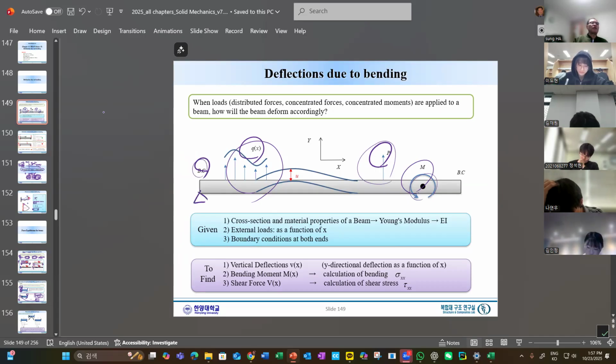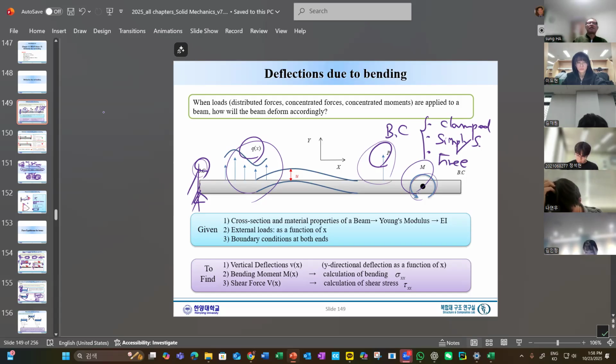We can have a simple support, we can have a clamp, or sometimes we can have a free end. Clamped, oh man, this is so important. Clamped, simply supported, and free boundary conditions. Don't worry, we will cover this again. So we have three types of boundary condition: clamped, simply supported, and free.